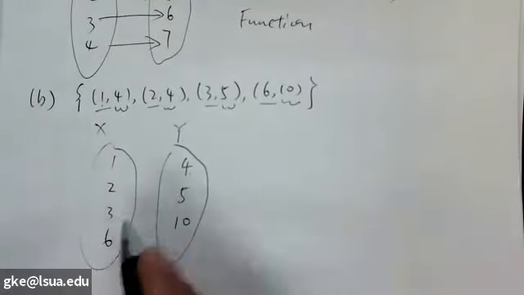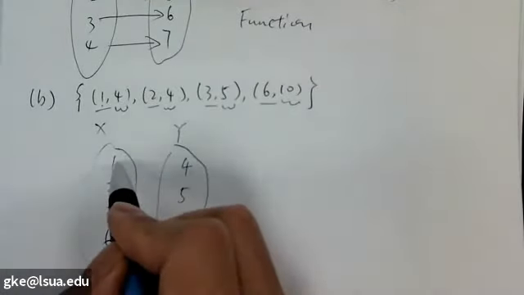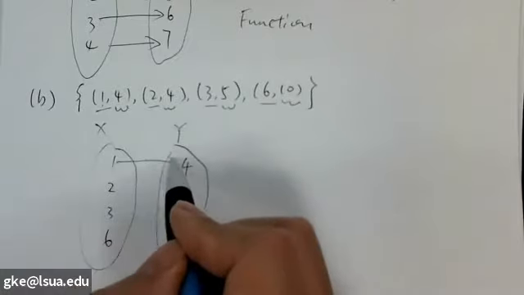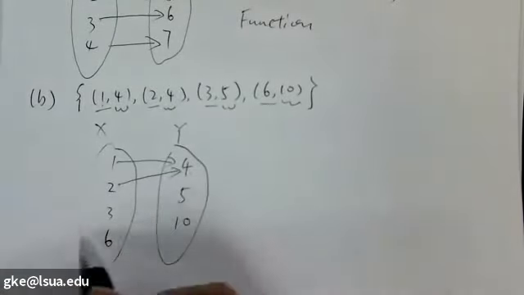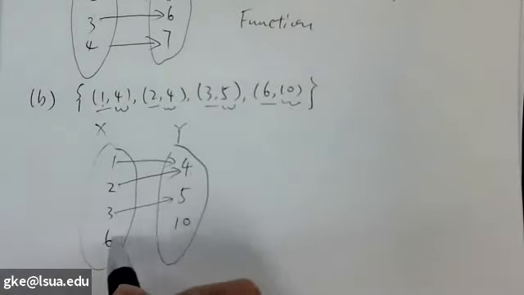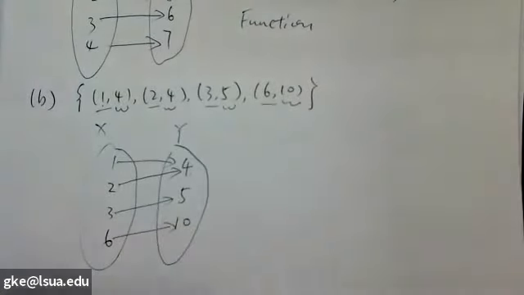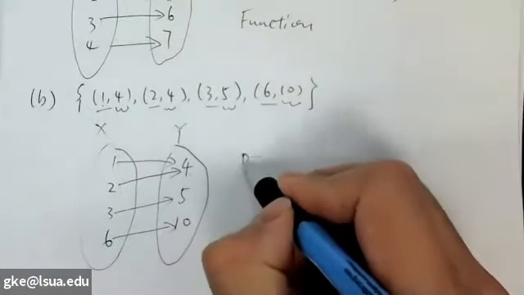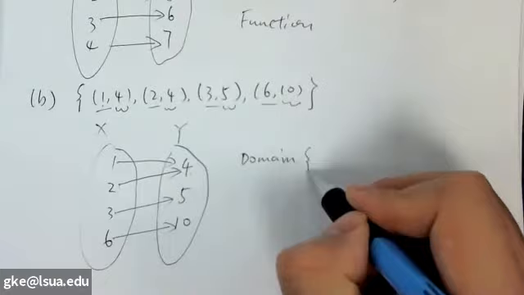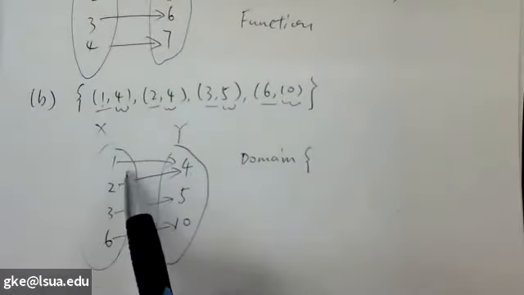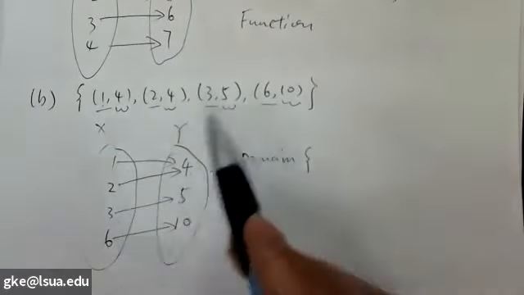So let's take a look. 1 corresponds to 4. 2 corresponds to 4. 3 corresponds to 5. 6 corresponds to 10. And it's very clear the domain is 1, 2, 3, 6.